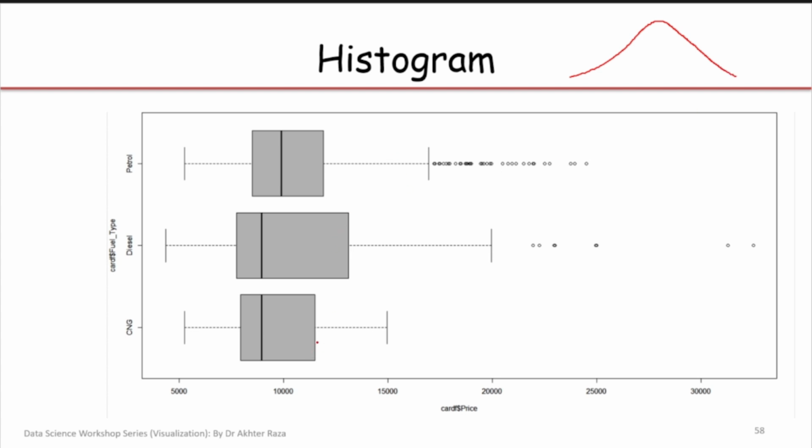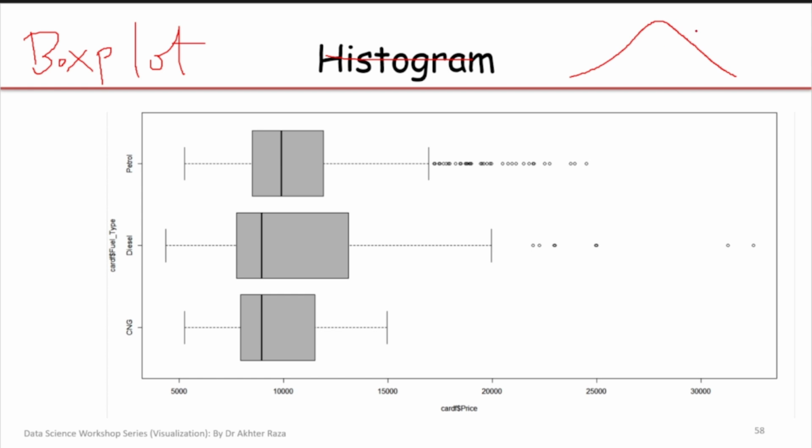These graphs are not bell shaped. Still, the graph of prices is also, this is not a histogram, this is a box plot. The heading is not correct. You can correct the heading to box plot.